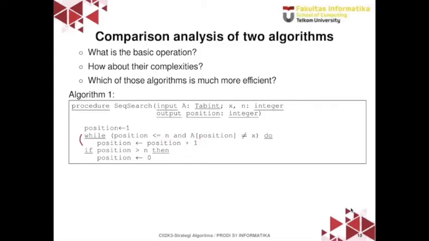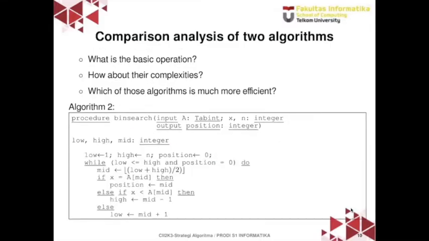So in the worst case, we need to check n positions if there is no x in a1 to an. In the worst case, we do this n times. So we can say the complexity is n.